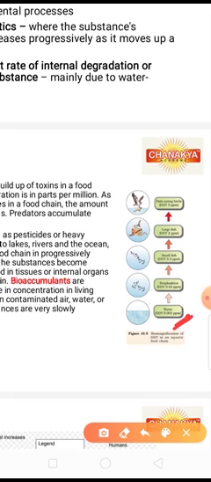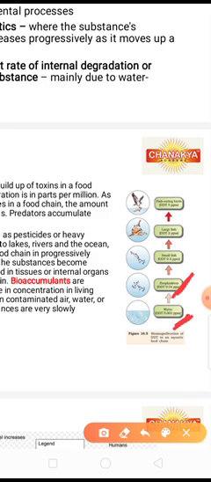When that water is utilized by zooplanktons, which are present in the water, the small animal-like organisms, the concentration of DDT will come to 0.04 percent. So from water, the DDT has moved to zooplanktons.